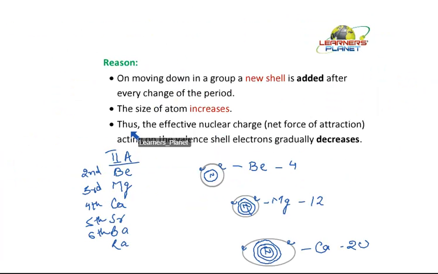Now what was this? Thus the effective nuclear charge, that is the net force of attraction, acting on the valence shell electrons gradually decreases, as the result of which what will happen?